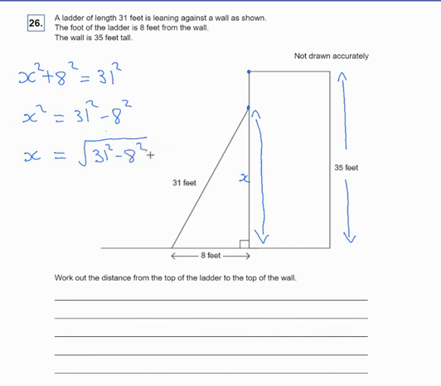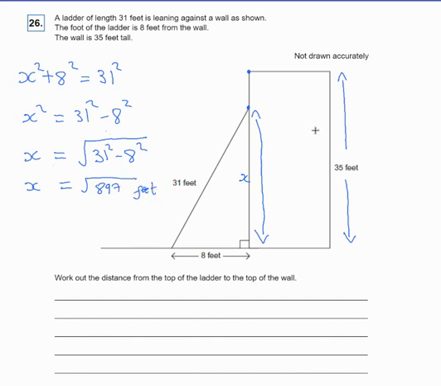Just going to get a calculator to work that out. So the square root of 31 squared minus 8 squared, that's the square root of 897 feet.